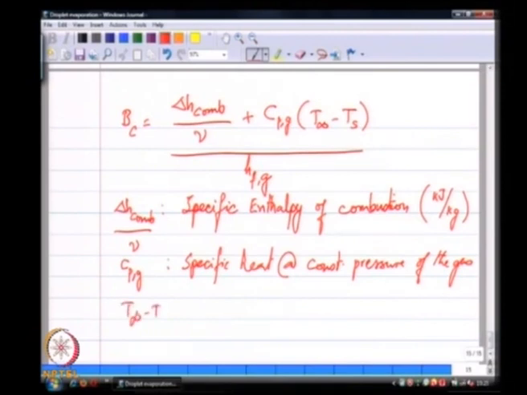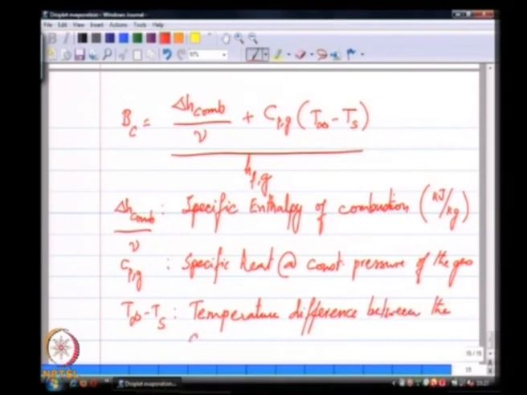T infinity minus Ts is the temperature difference between the ambient and the droplet surface.